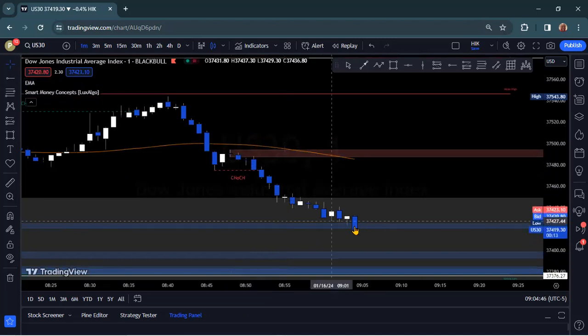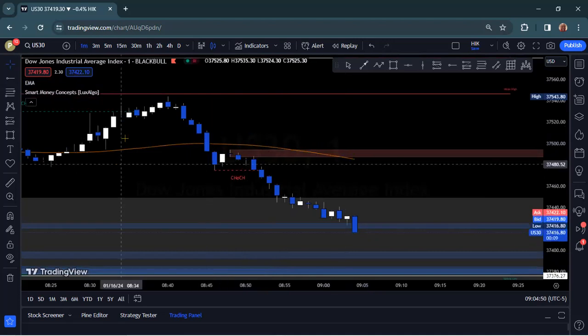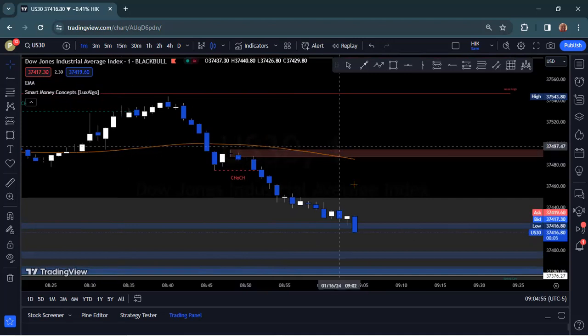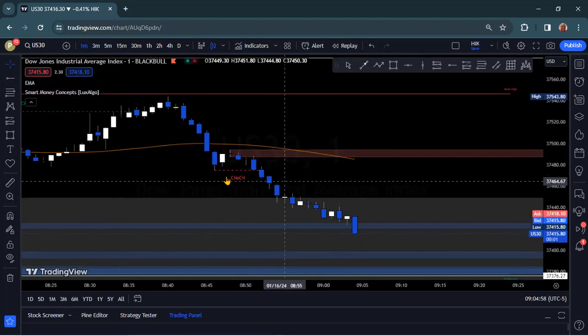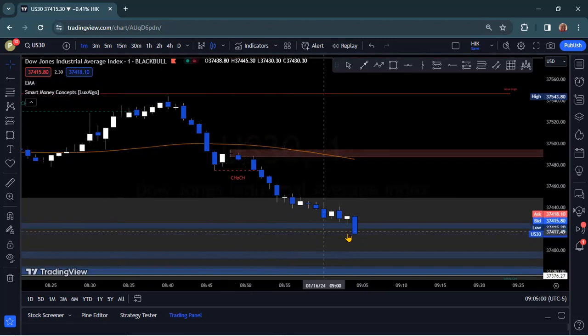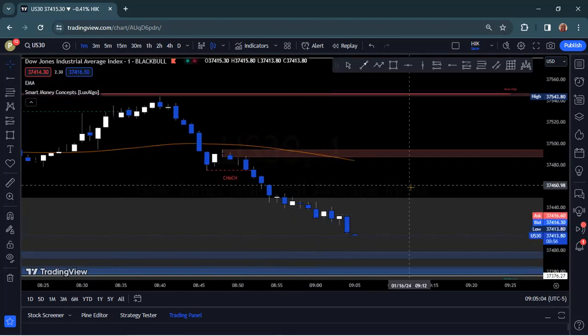You want to wait for the candles to be above the EMA, the moving average. Once it bounces off the moving average and you have this turning green, while it's printing out the candles, you have your confluences.